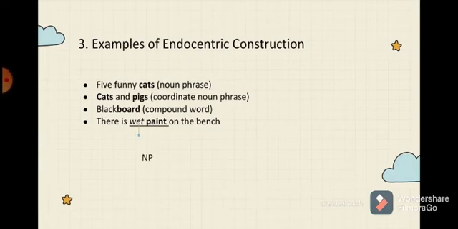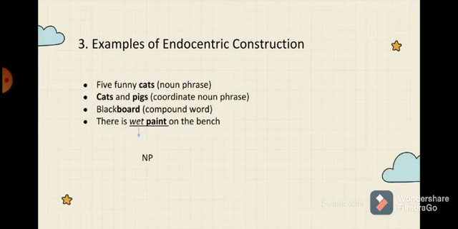The fourth is: there is wet paint on the bench. Wet paint is a noun phrase and it belongs to endocentric construction. The word paint is the head and it may stand alone in its position.